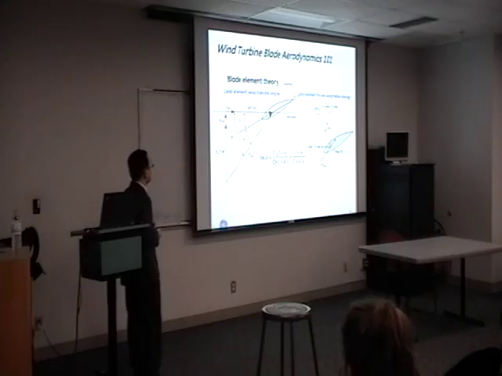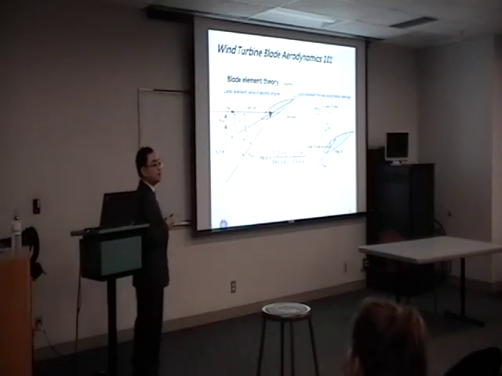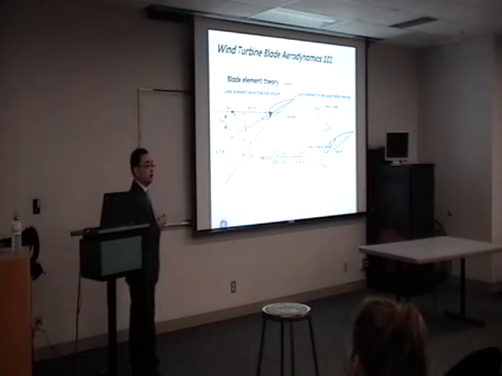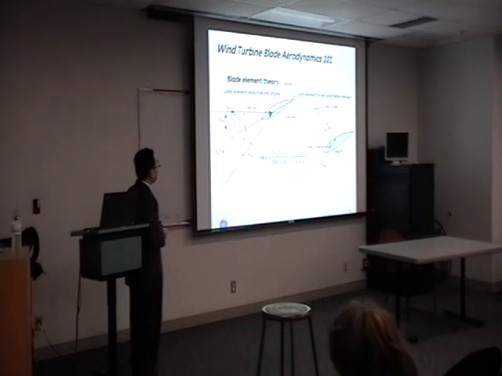From this velocity triangle, we can compute the flow angle phi here. And beta is the blade setting angle, which consists of the collective blade pitch angle and the local blade twist angle. So from phi and beta, we can compute the angle of attack alpha.